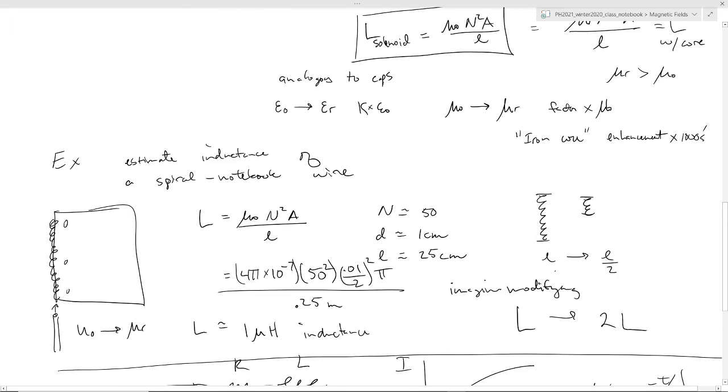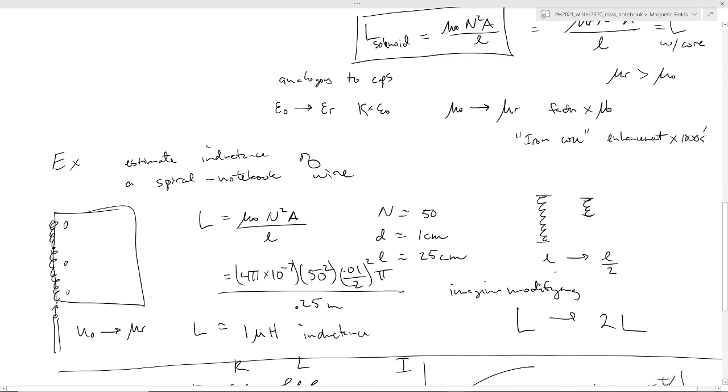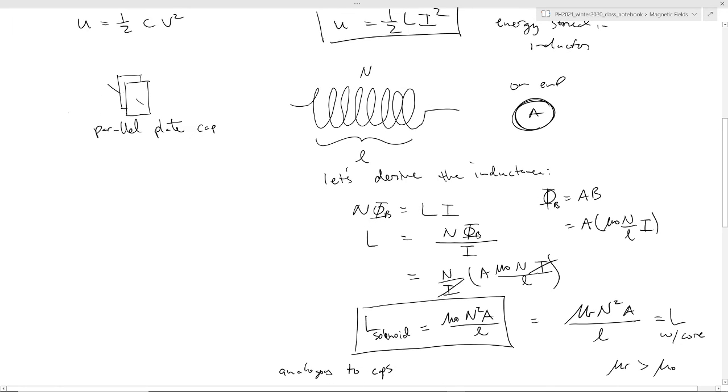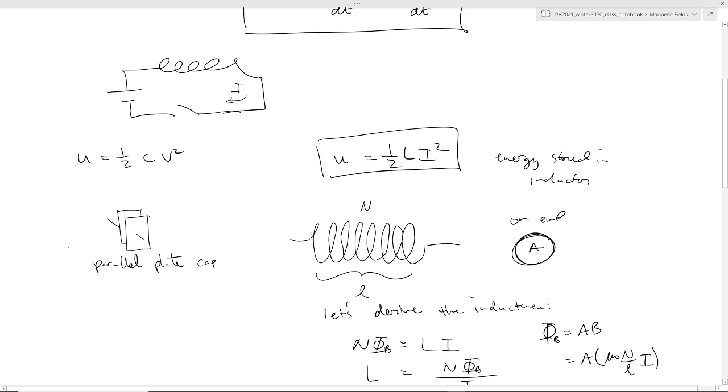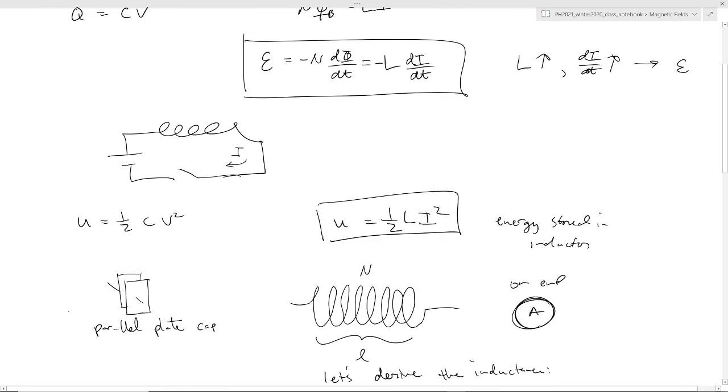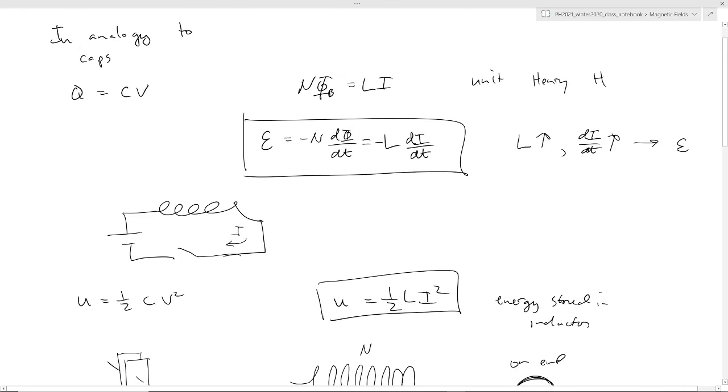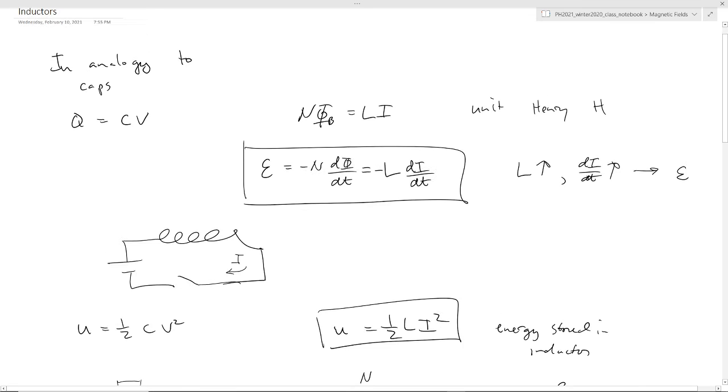You can calculate the inductance for a solenoid. You can find the energy stored in an inductor, and you can relate the EMF to a changing current through inductance. So hopefully that helps with your homework and whatnot.